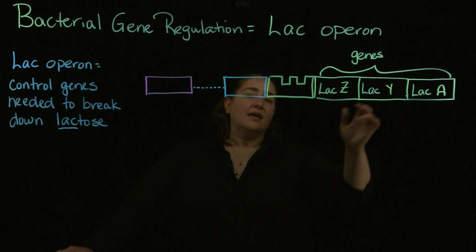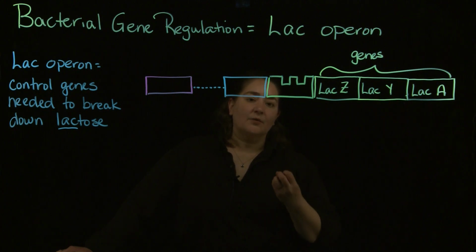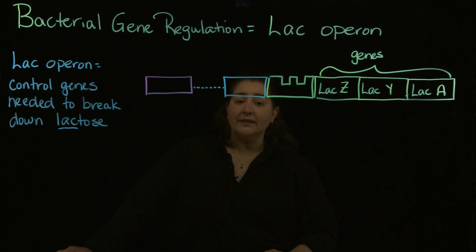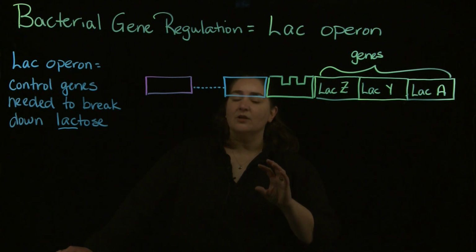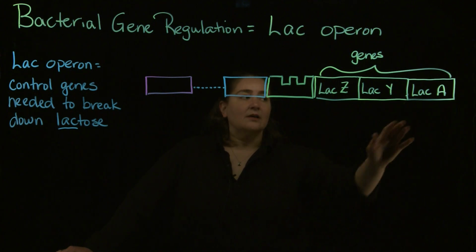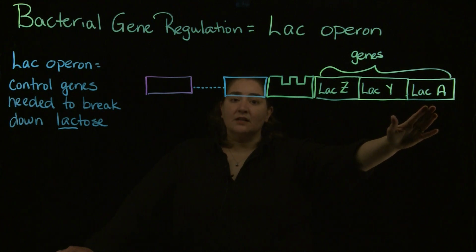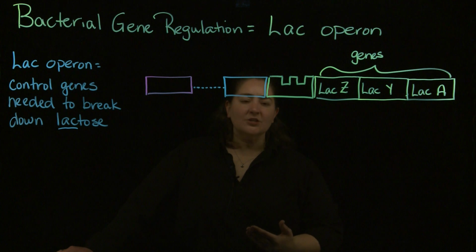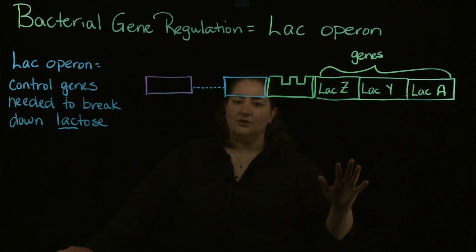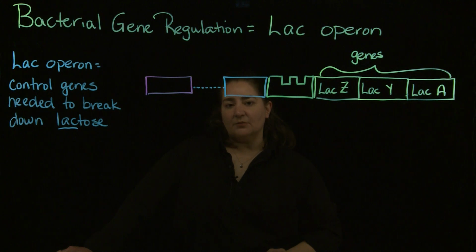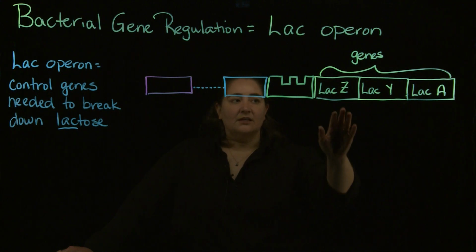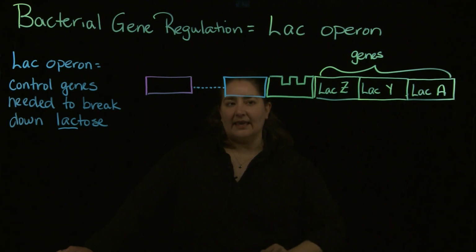And that transferase, believe it or not, we have absolutely no idea what it is actually doing in the process of being able to break down lactose. But if we remove it, the cell isn't able to break down lactose. So it's a necessary gene. Function isn't quite known yet. That's okay. I want you to know that there are 3 genes that break down lactose: LAC-Z, LAC-Y, LAC-A.